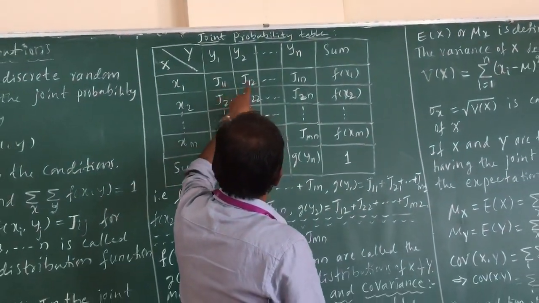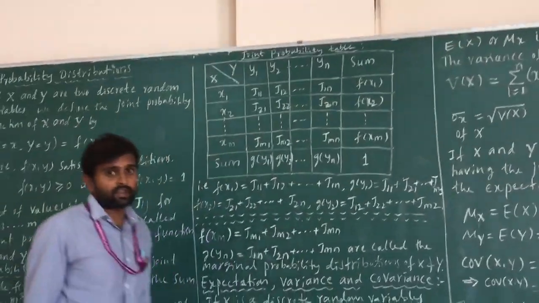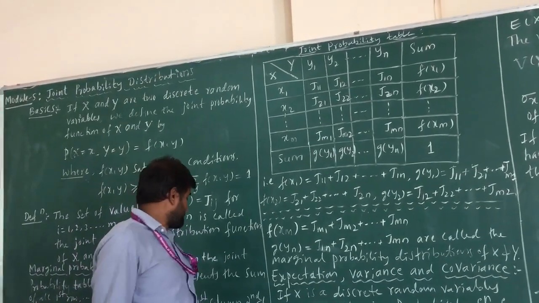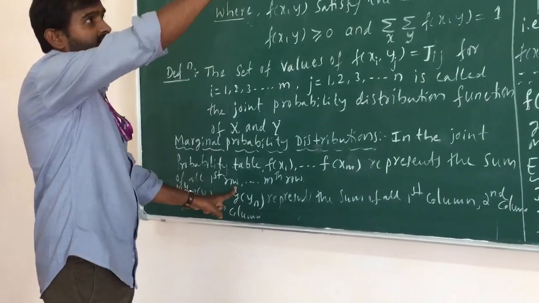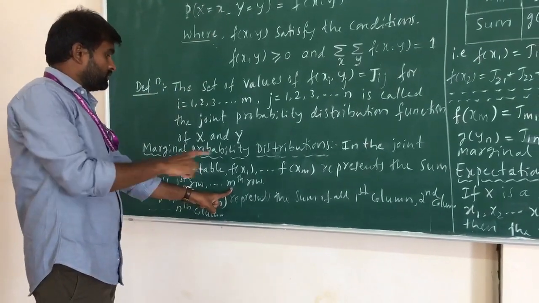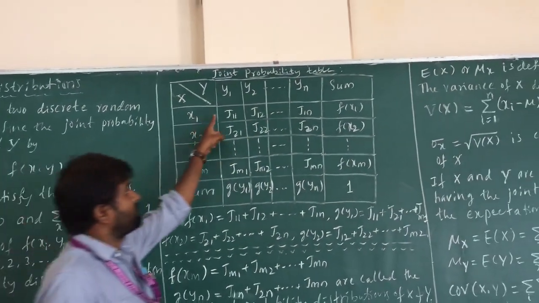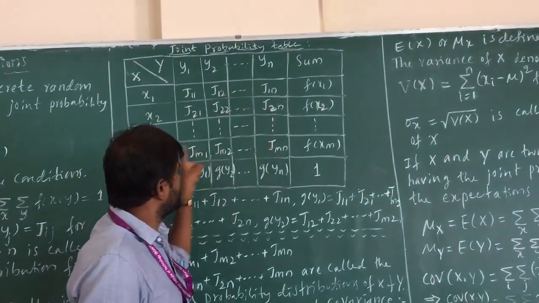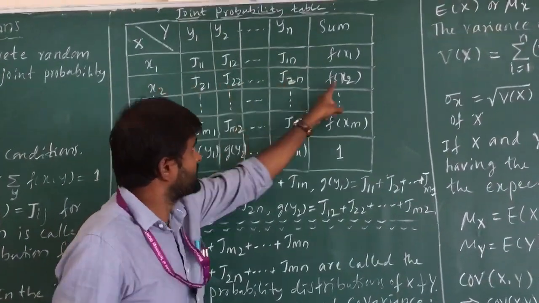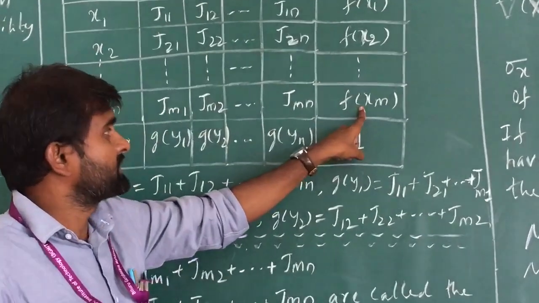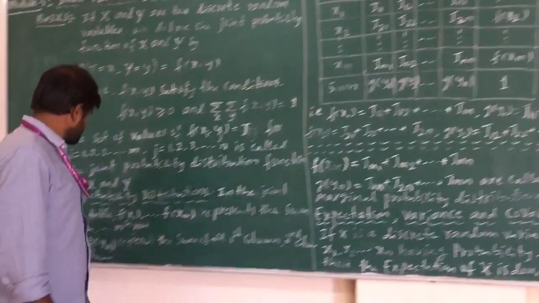So J11, J12, J13, all these sum to f of x1. I have written the first row, then the second row, and up to the mth row, right? F of x1 is the first row sum, f of x2 is the second row sum, and so on up to f of xm, which is the mth row.